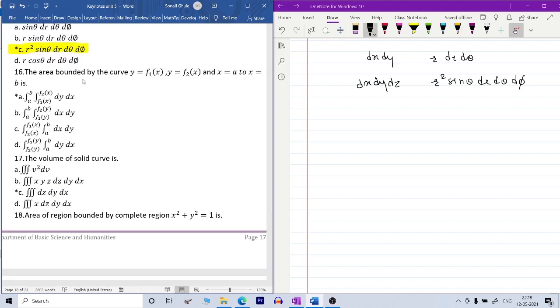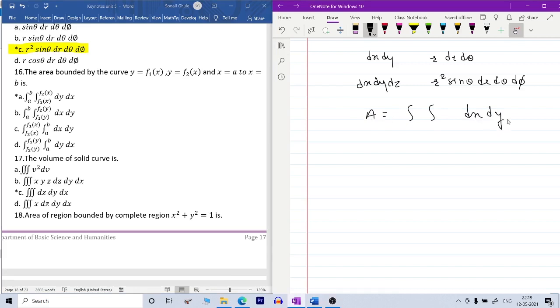That is our 16th example. The area bounded by the curve. Now curves given to you, y is equal to f1 of x and y is equal to f2 of x. Means two curves are given to us where limits x equal to a to x equal to b is there. Okay. So you have to remember that area is given by double integration dx dy, and y is a function of x.